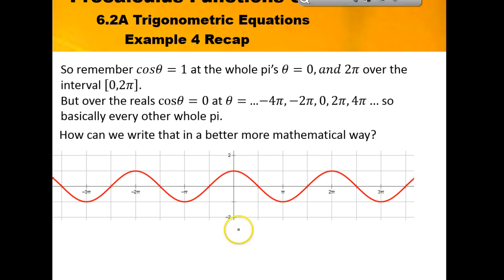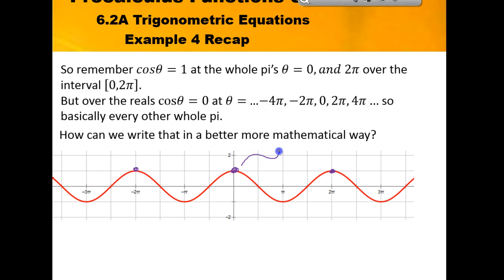So we want to know, when does this equal 1? Okay, so again, it equals 1 at the whole pies, right? But it's not every whole pi, because at pi, it's actually negative 1. So it looks like it's these. So again, we have to talk about how often that repeats.